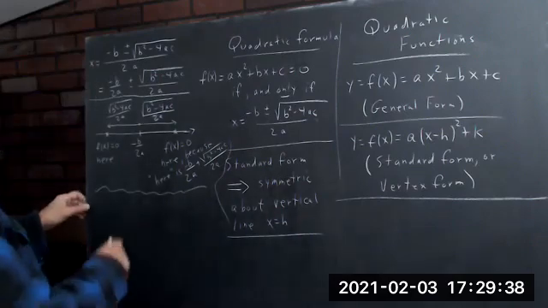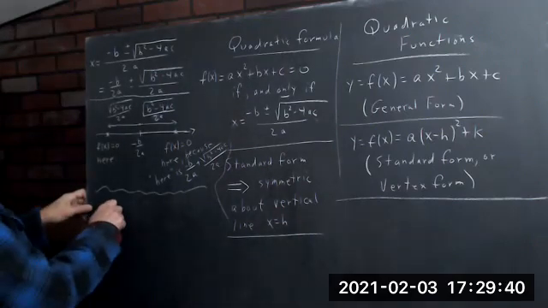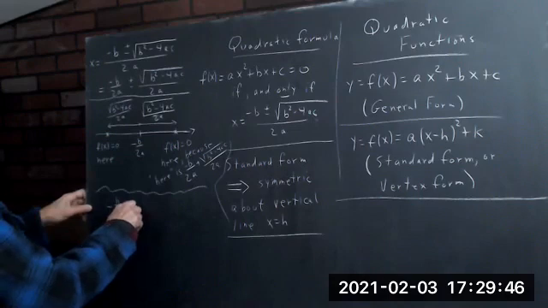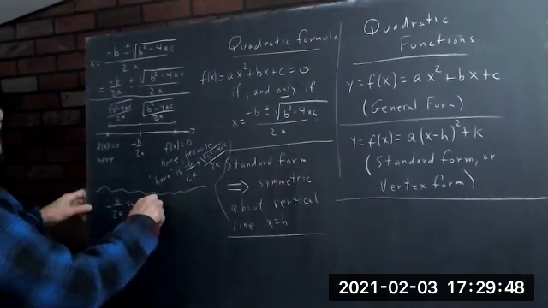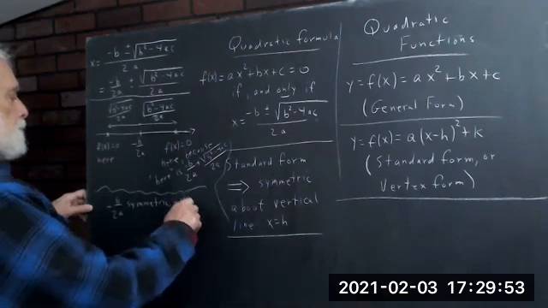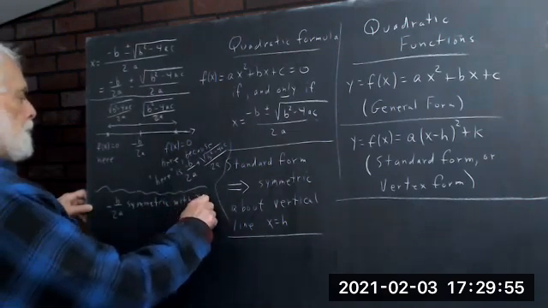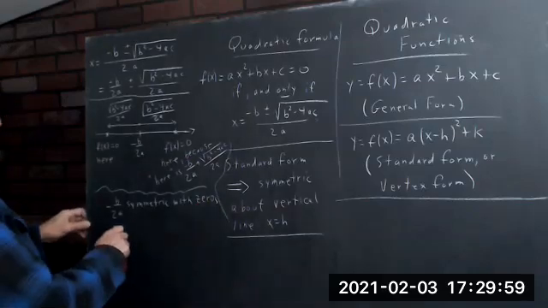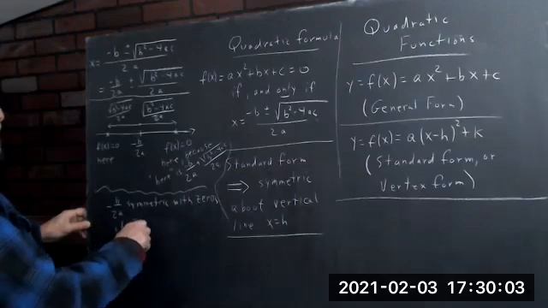So negative b over 2a is symmetric with the zeros of f of x.